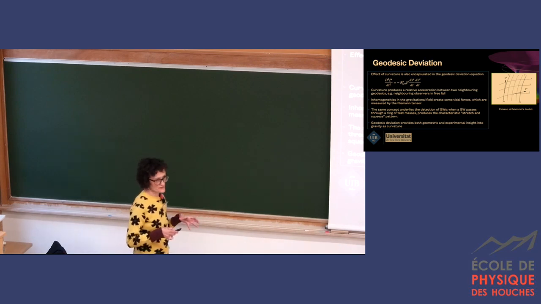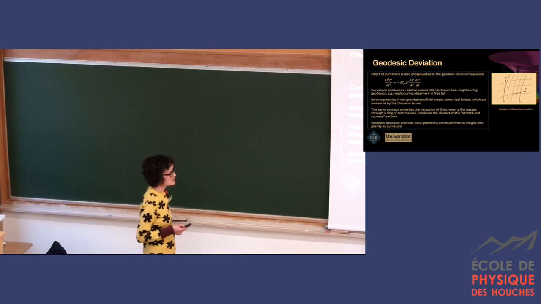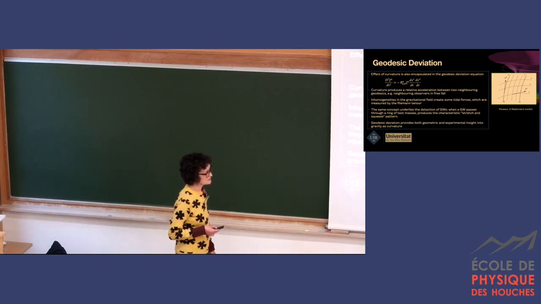They squeeze and stretch pretty much like the ring of test masses that we see in textbooks. So this geodesic deviation equation is giving us both geometric and experimental insight into exactly what the effect of curvature is.